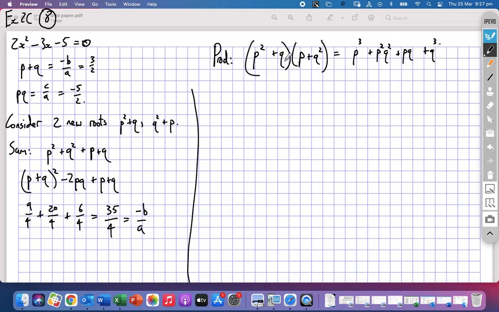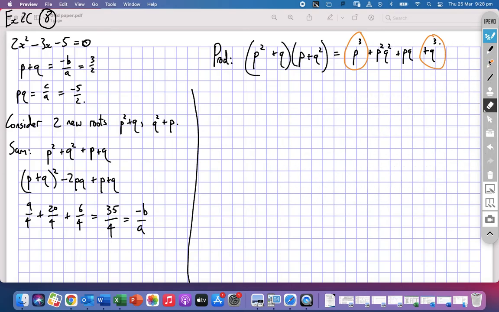And there's a bit of a problem here with that and that. The p squared q squared is fine, right? So I know that pq equals minus 5 on 2. That's fine. I can square that and it's the same as what I've got there.